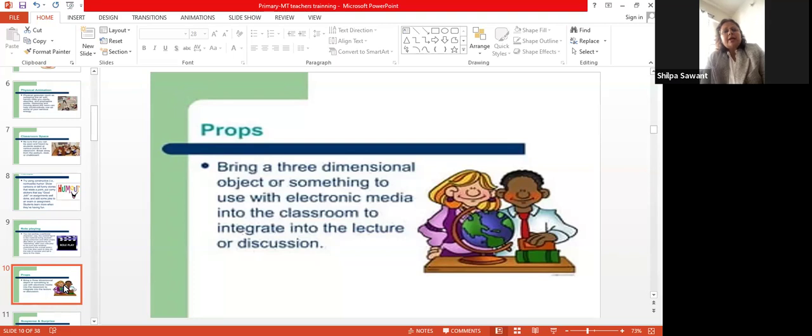There are different kinds of props used, like if the teacher is teaching geometry, she requires a geometry box. So that is a very good exercise for the students to learn more.